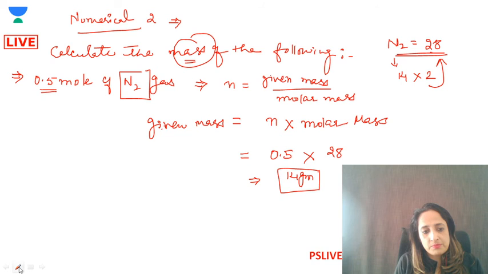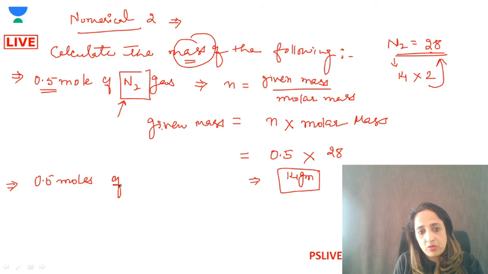And sometimes we get another numerical problem, 0.5 moles of N atoms. So here it was N2. What if we have to calculate 0.5 moles of N atoms? Same thing we will do.